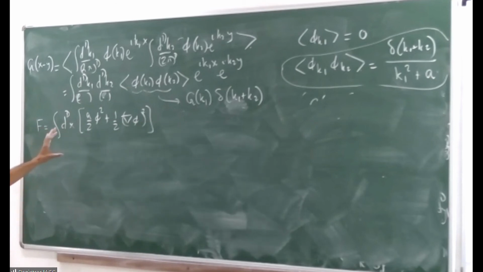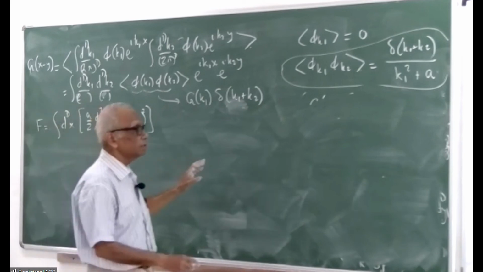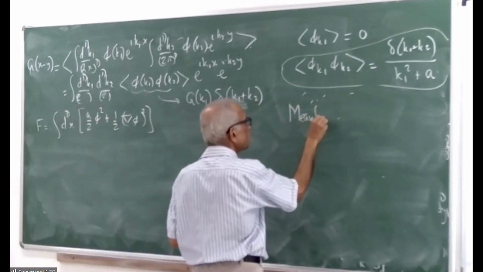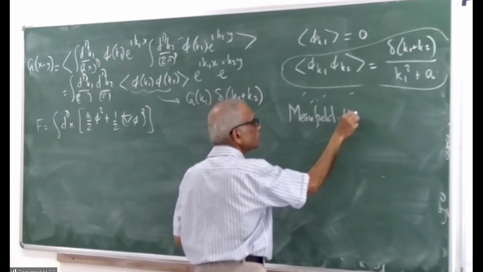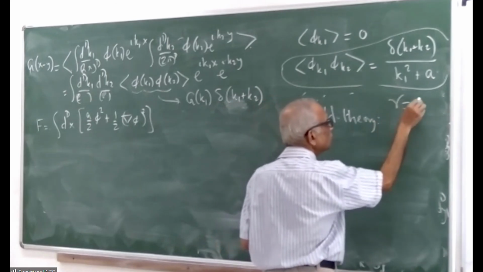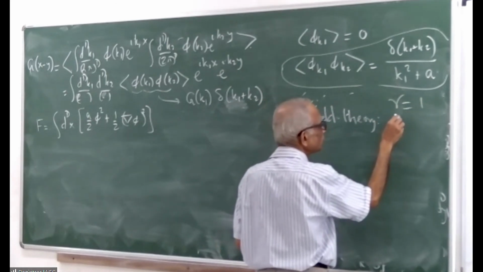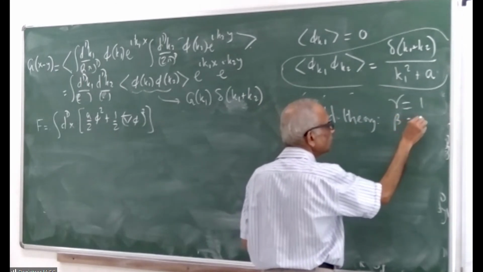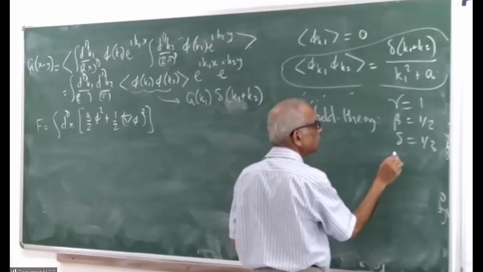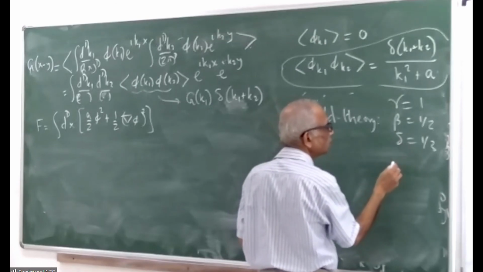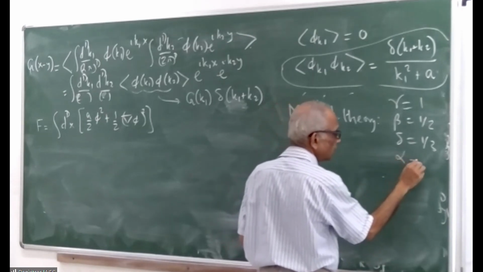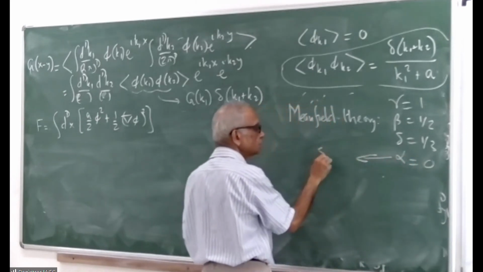For the specific heat, we have done mean field theory, where we got gamma equal to 1, beta equal to half, delta equal to 3, and what else? Well, alpha was essentially 0, it's just a step.